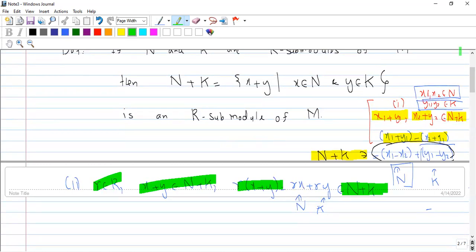But first I will introduce some important submodules of an R module M. An important submodule is this: with the help of two submodules I can construct a new submodule, which is n plus k, because if n is an R submodule and k is an R submodule, then n plus k is also an R submodule. So this gives us a way to define a new submodule with the help of old submodules.